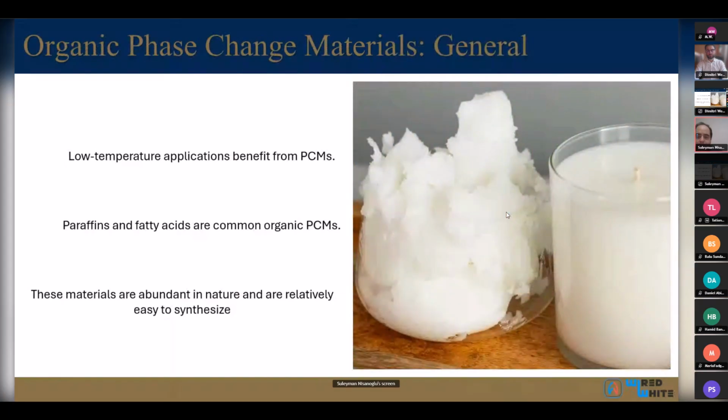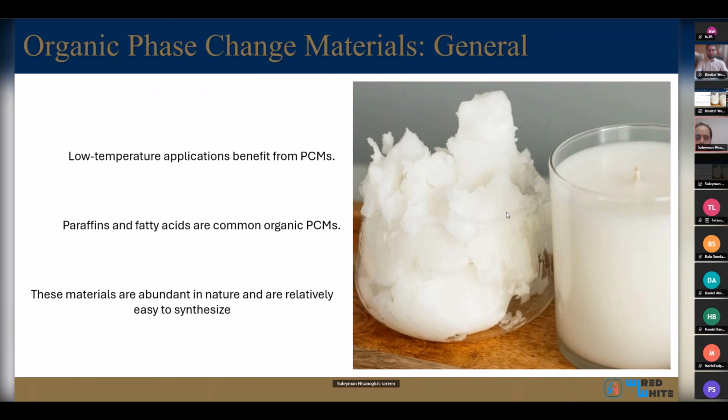And the last one, phase change materials. One of them is organic phase change material. Organic phase change materials are the most commonly used group, storing heat during phase transition. These materials are particularly suitable for low temperature applications and have a wide range of melting points.